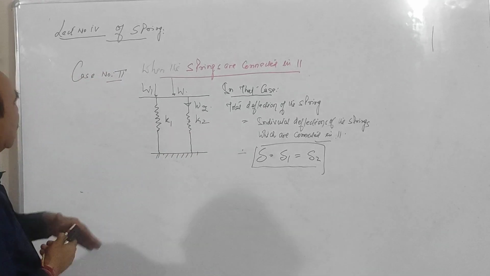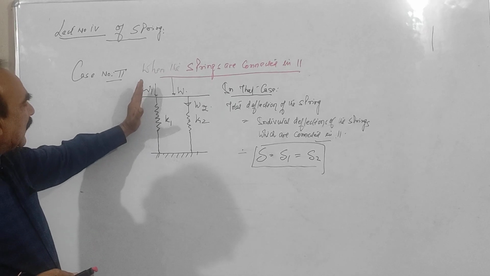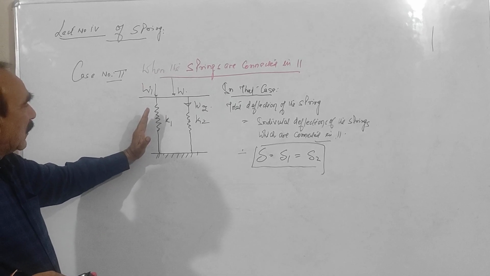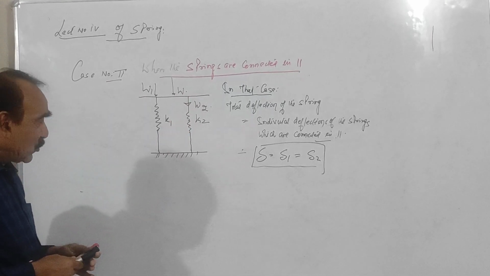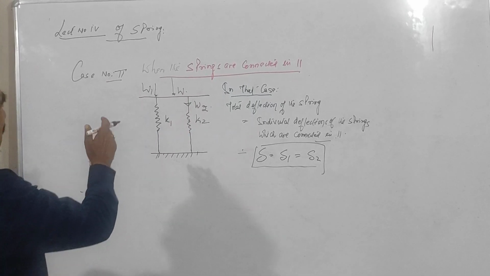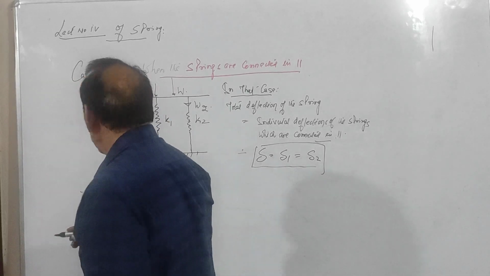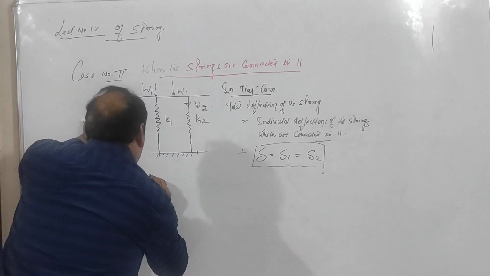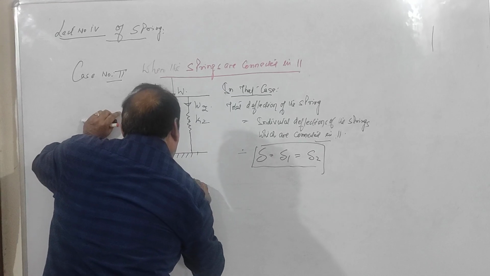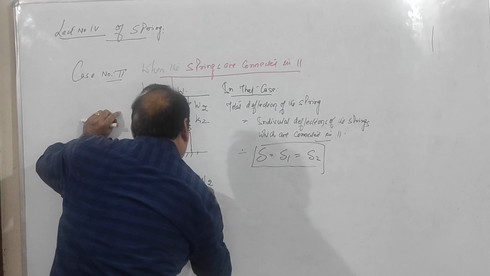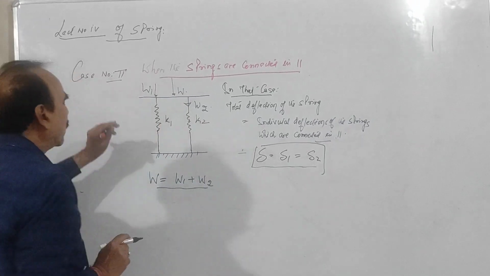So W1 is the load which is acting on the spring, and the W2 is the load which is acting on the spring, right? So अगर इस तरीके से if you write down the equation of the W, you can say that W is equal to W1 plus W2, right? ऐसा कर लिख सकते हैं हम.